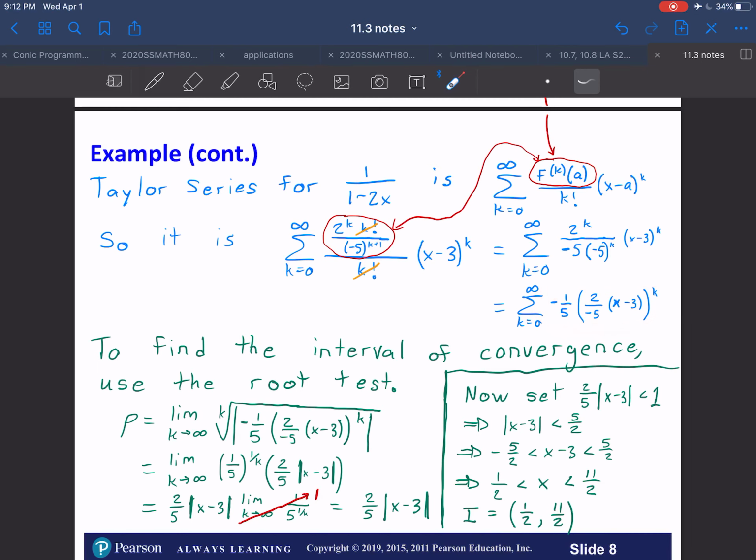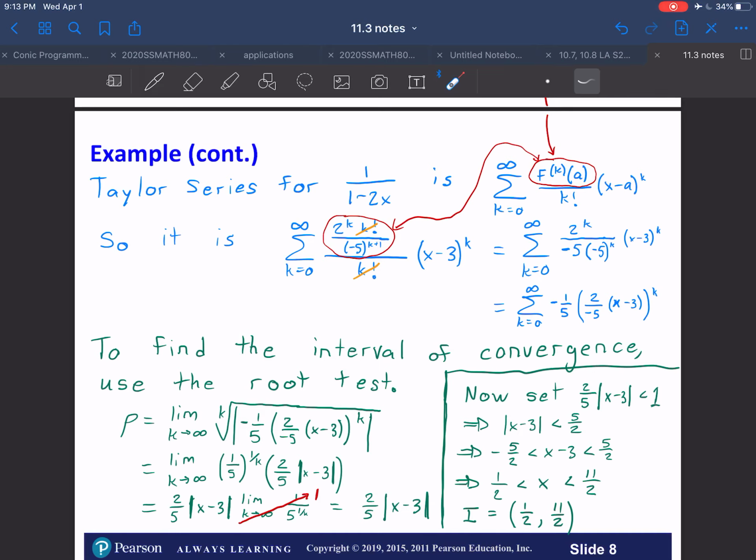Think about what happens whenever you plug in 1/2 or 11/2. Well, if we were to plug in 1/2 right there, then we would get 1/2 minus 3, which is just negative 5/2. Negative 5/2 times negative 2/5 is just 1. So this whole thing would be 1. So we get 1 to the k, which is just 1. And so we get the sum of negative 1/5. And that diverges because of the divergence test.